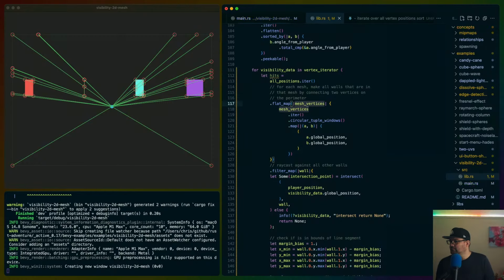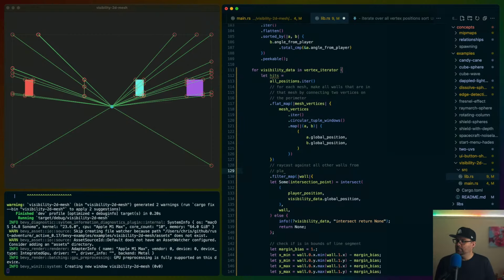Perimeter. Raycast against all other walls from player position. Other walls doesn't make sense anymore because we're not using other as a variable name. So raycast against all walls from player position.